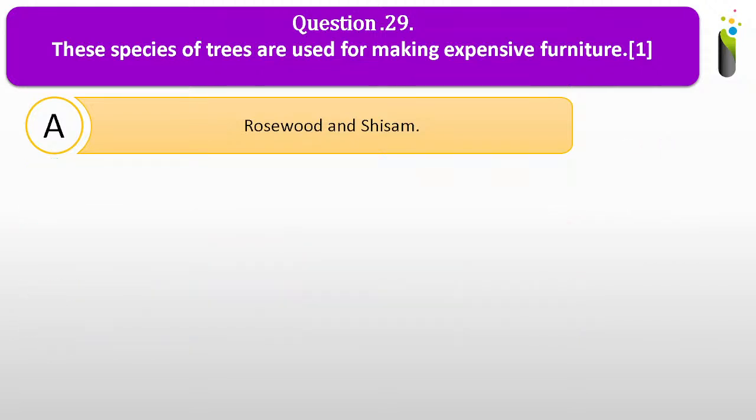And the correct answer for this question is A. Rosewood and shisham are the species of the trees which are used for making expensive furniture.